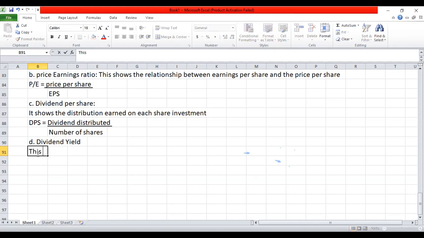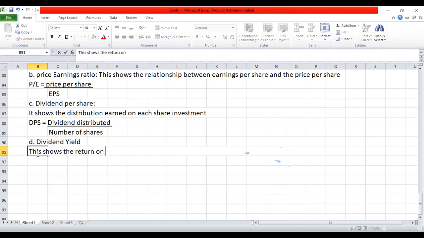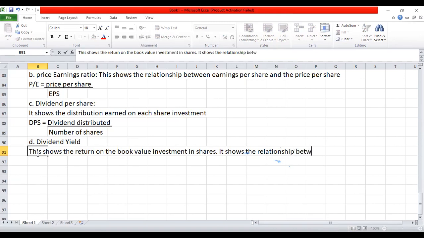So this shows the return on the book value investment in shares.